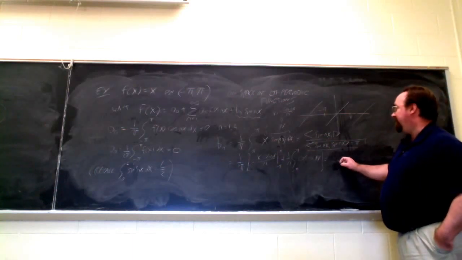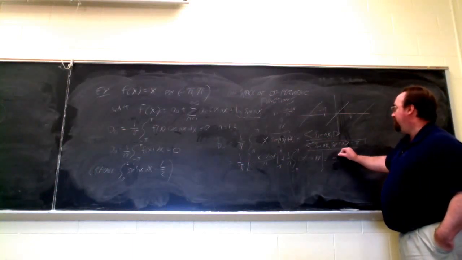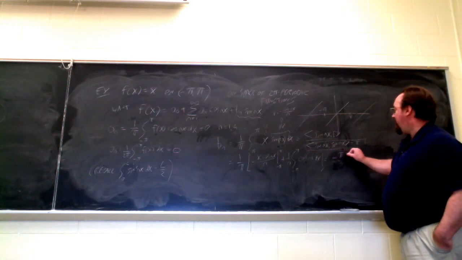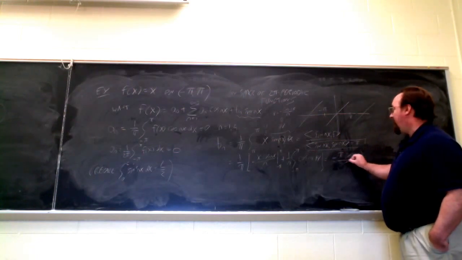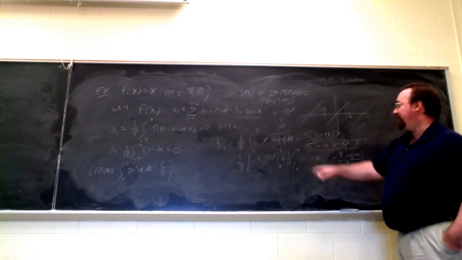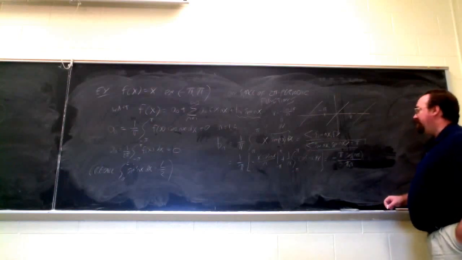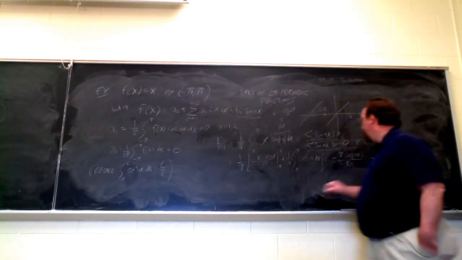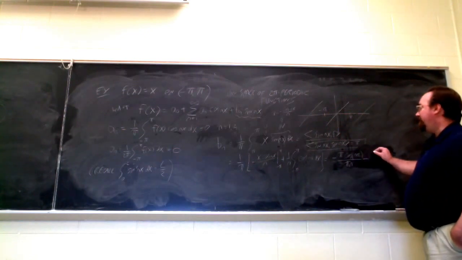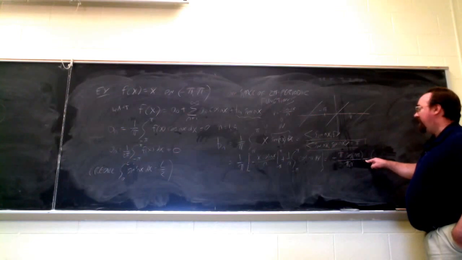Okay, so I have minus pi cosine n pi over pi n from the upper limit. And then for the lower limit, I have a minus, but I also have another minus because I'm taking a lower limit, which could be a plus.